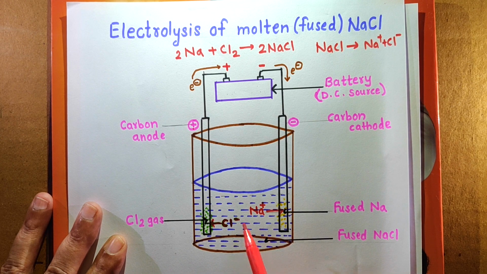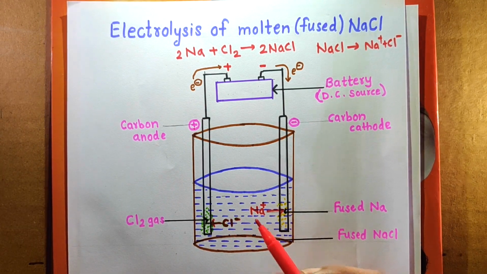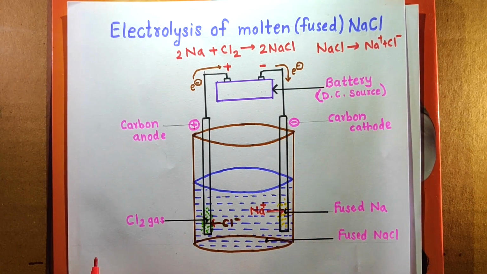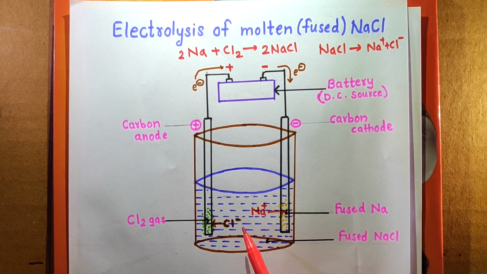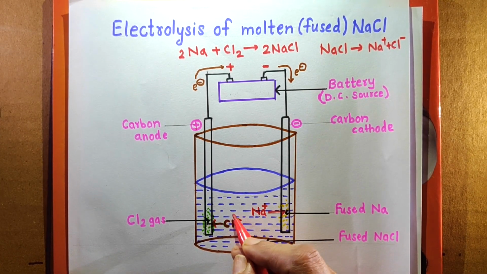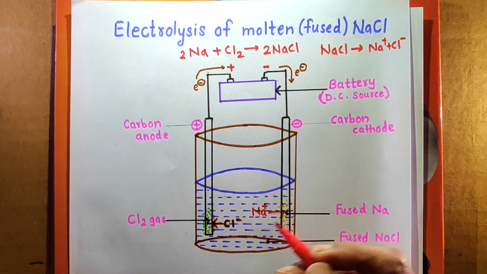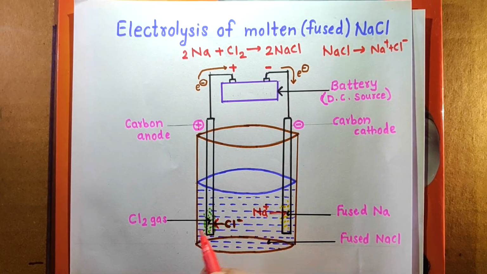What will happen here? Na+ ions and Cl- ions, they are in motion, they can move. So these Cl- ions which are present in this solution, they will be attracted towards the positively charged electrode and they will be discharged at this electrode.